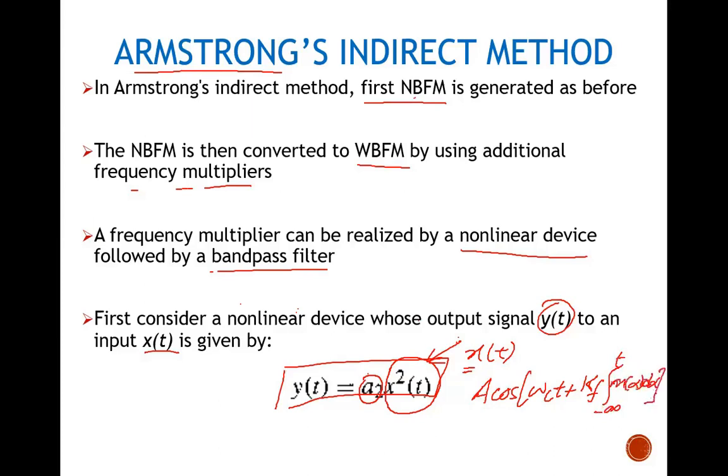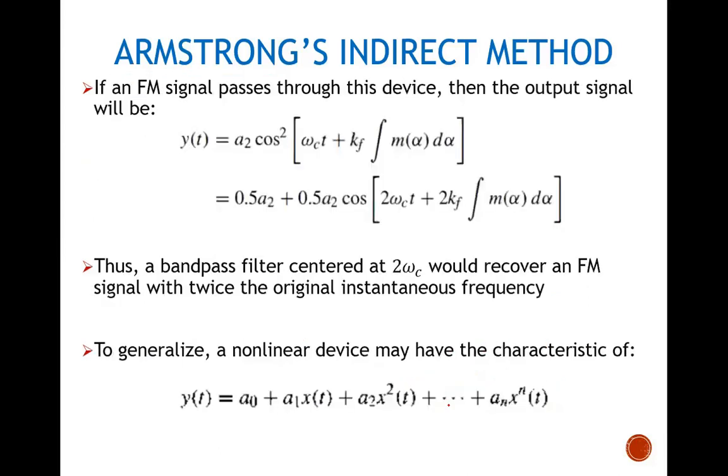So this is the expression for an FM signal. Now let's substitute this expression in place of x(t). So what we get is this equation.